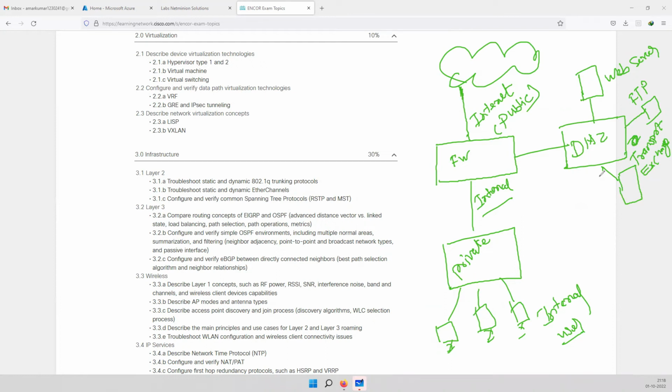So we have some servers which are internet facing, but on these servers we can't assign a public IP directly. We assign a private IP. All these servers have private IPs, but they are internet facing. On the firewall we have the public IP, and these are servers which are NATed. Inbound NAT is configured, not outbound.